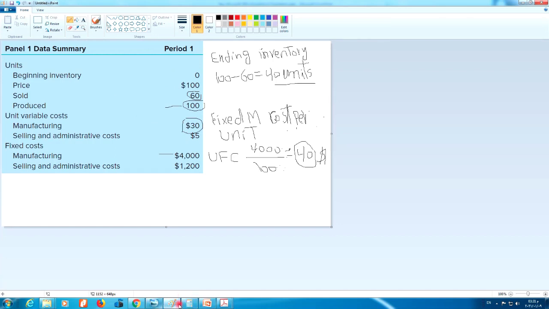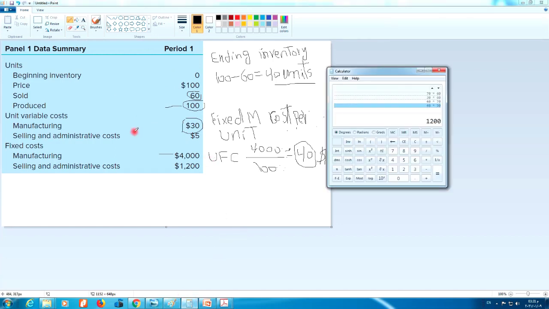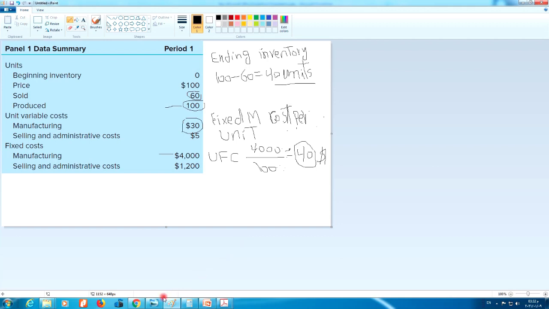Under absorption costing, the total manufacturing cost per unit, whether variable or fixed, is 30 plus 40 equals 70. 70 multiplied by 40 units equals 2,800.